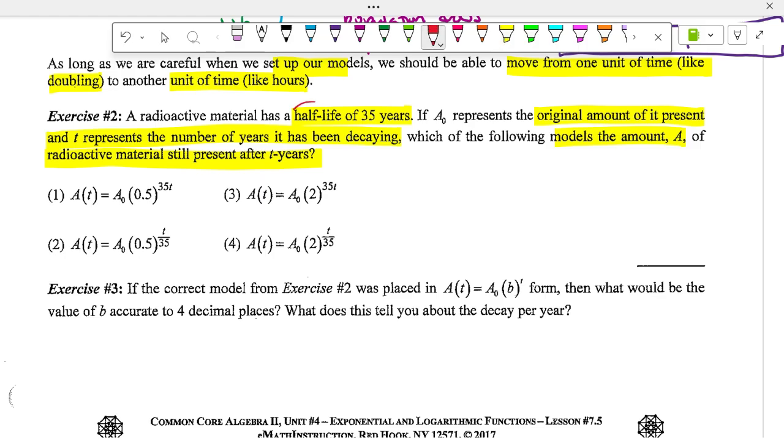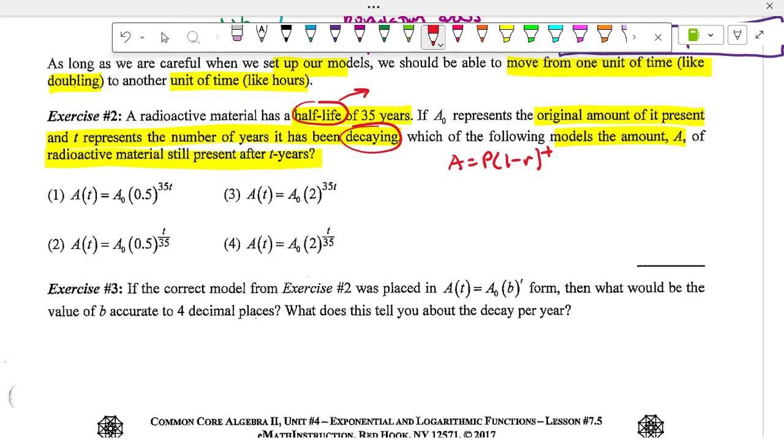First off, does anyone remember what half-life means? In other words, after 35 years, what's going to happen to your initial amount of radioactive material? For example, if I had 100 grams of radioactive material, how much would be left after 35 years? 50, because we halved it. That's what half-life means. So if we wrote this equation, it's obviously an exponential decay, because it says the word decaying.